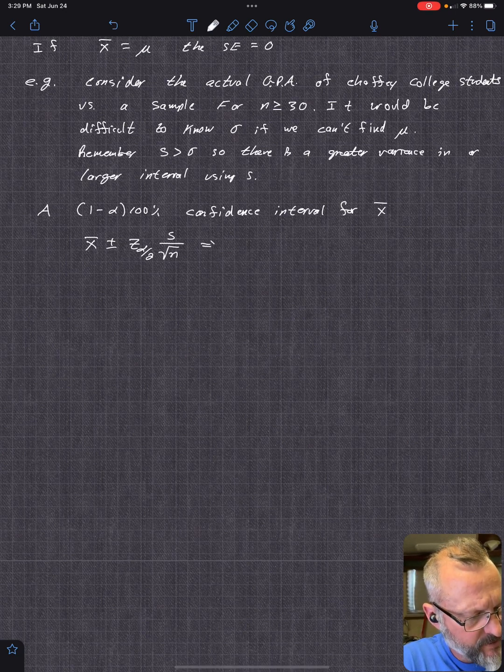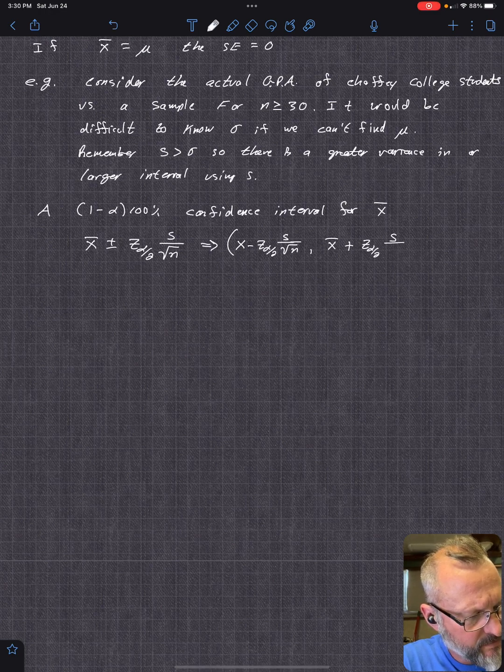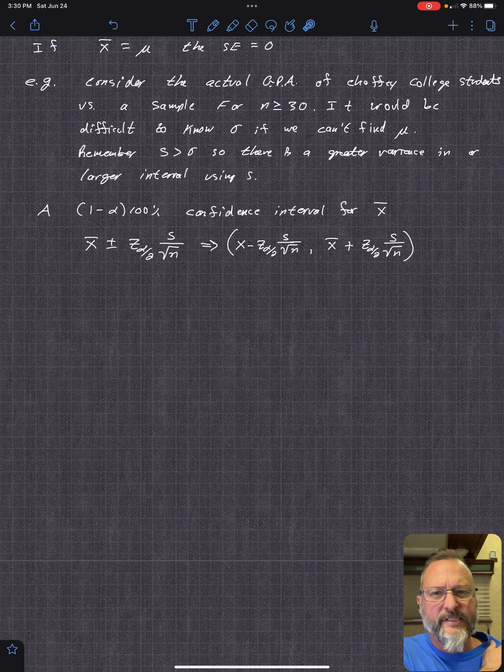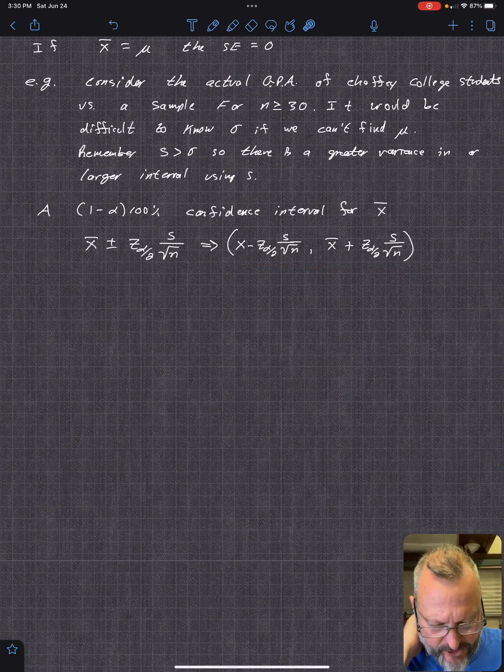And then put that into an interval: X bar minus Z sub alpha over 2, S over root n, comma, X bar plus Z sub alpha over 2, S over root n. That was considered the point estimator, but it's really just putting it into the interval. So we really talk about intervals mostly, and we'll do that calculation.